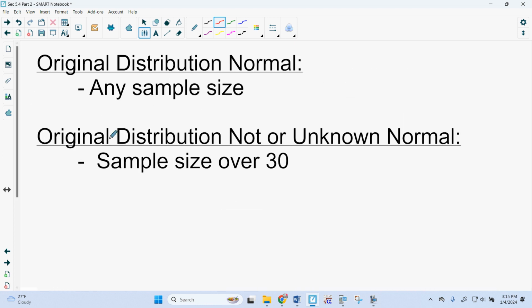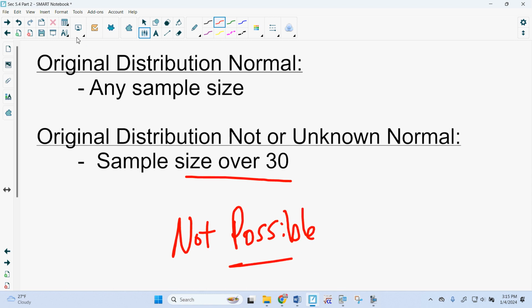If a problem doesn't tell you anything about the original, whether it's normal or skewed, or it tells you it's not normal, then you need a sample size over 30. If it doesn't tell you anything and the sample size is less than 30, you just write not possible, because we can't do that with the central limit theorem.